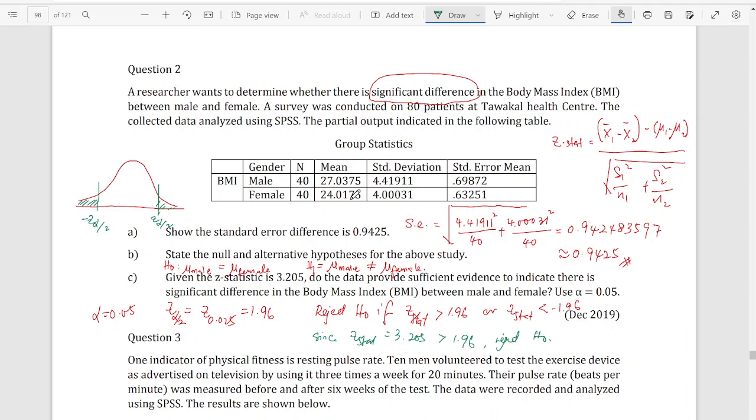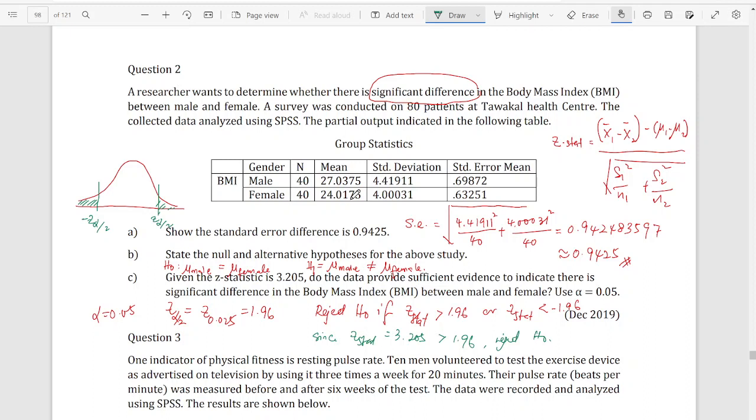27.0375 minus 24.0173. Okay, dapat 3.0202 and then you divide by the standard error. Standard error is 0.9425. So you akan dapat 3.204, okay, 3.2045 something.